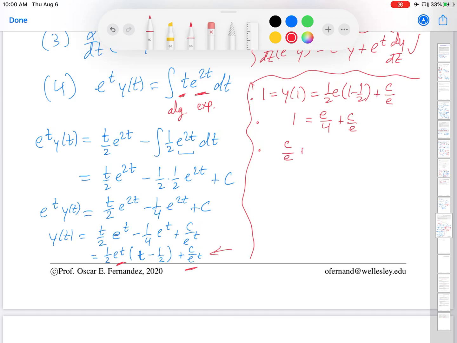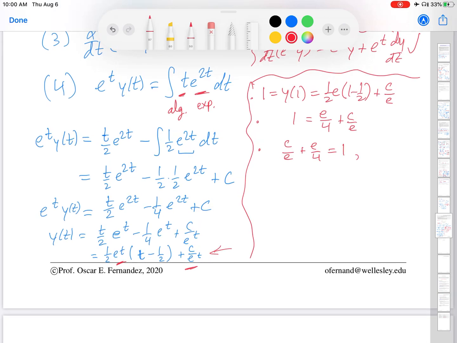So c over e plus e over 4 equals 1. So I'm going to subtract the e over 4 from both sides. c over e equals 1 minus e over 4. And then I'm going to multiply by e. So e times 1 minus e over 4. Okay. So that's my solution for c.